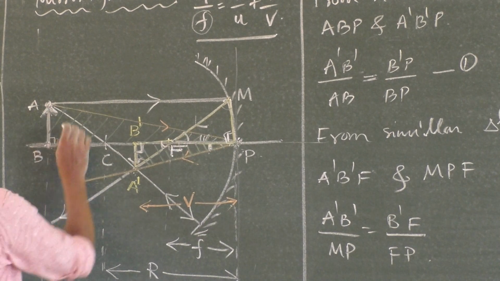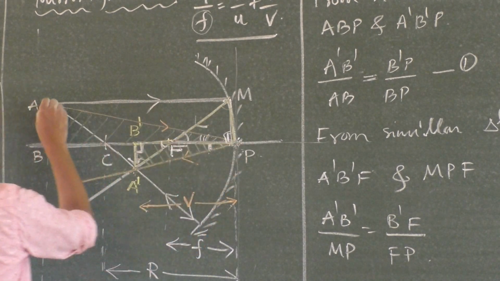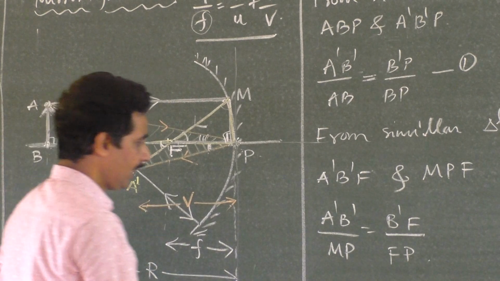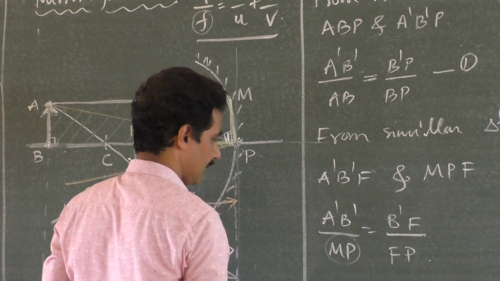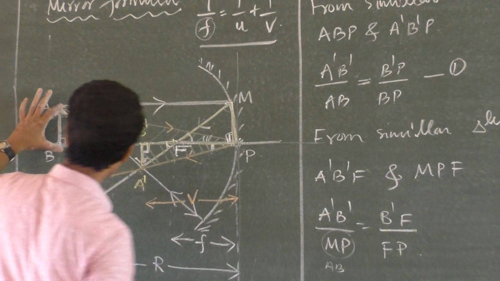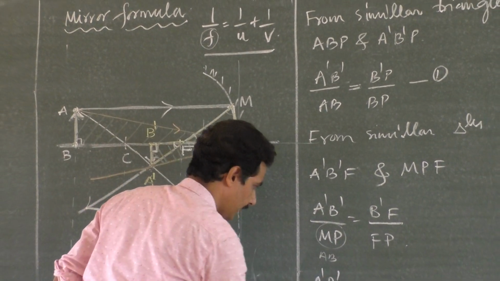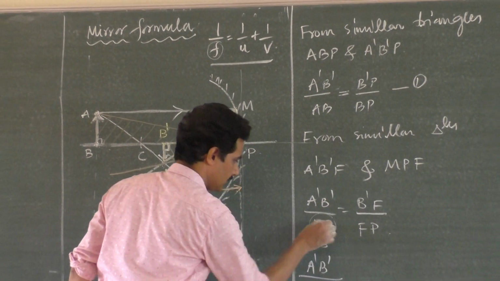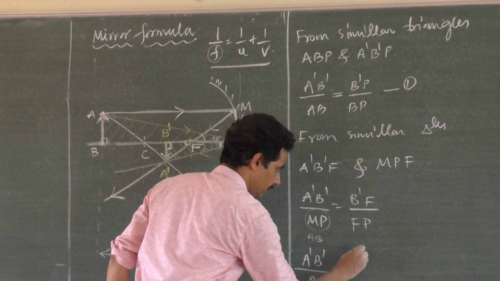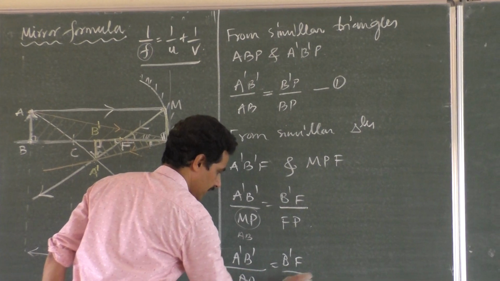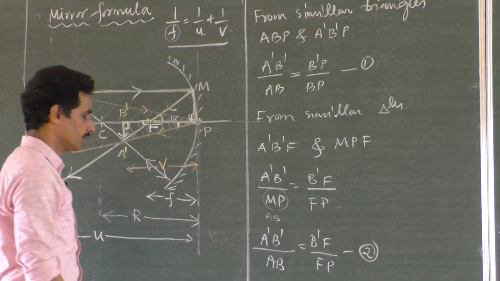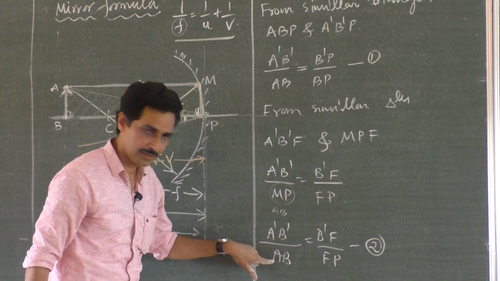So MP and AB are equal, because this side and this side should be equal. So I replace MP with AB: A dash B dash by AB must be equal to B dash F by FP, equation 2. A small change here, and you have to remember this.